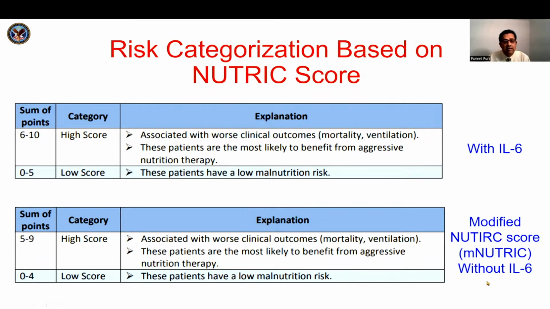When there is no IL-6, then 5 and above is considered a high NUTRIC risk score, and less than 5 is a low NUTRIC risk score. The concept is that those with a high NUTRIC risk score have worse clinical outcomes, both mortality and length of ventilation, and these patients are most likely to benefit from aggressive nutrition therapy, as is the proposed hypothesis.